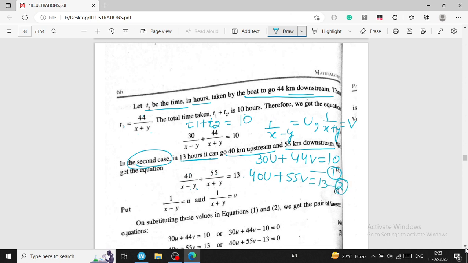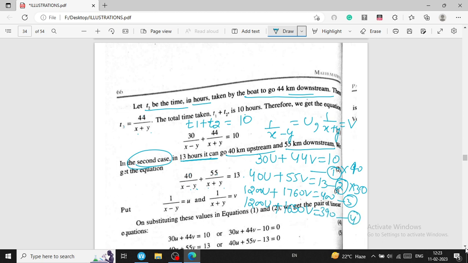Now multiply the first equation by 40 and the second equation by 30. We get 1200u plus 1760v is equal to 400. That is your third equation. And 1200u plus 1650v is equal to 390.